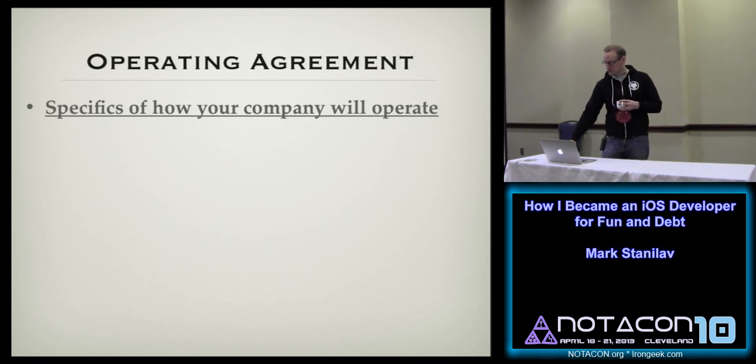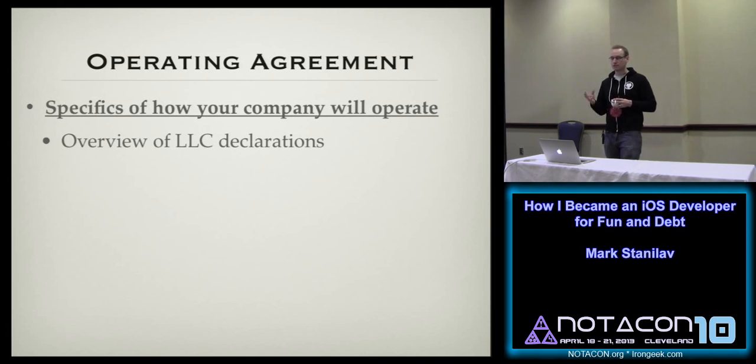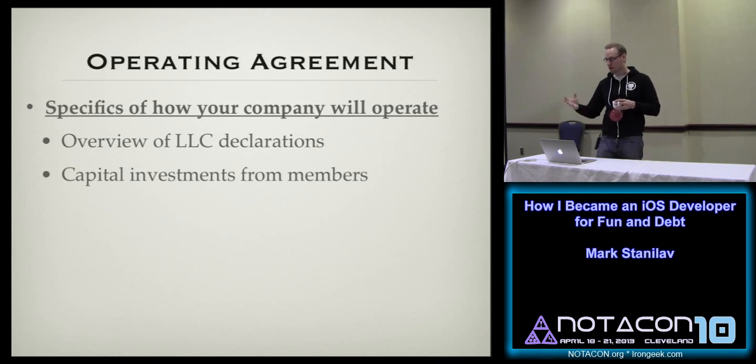So again, it's one of those things that takes time, and at the end of the slide, I'll give you a quick hint of how to skip over some of the hard part. So some of the LLC declarations: what we are, who we are, that kind of thing. Capital investments for members.